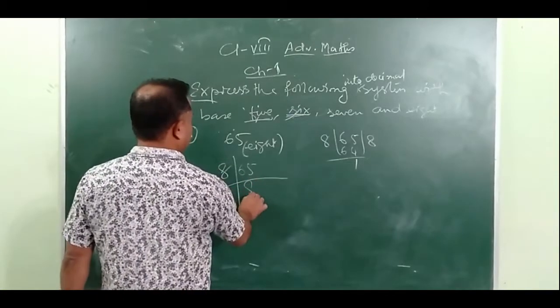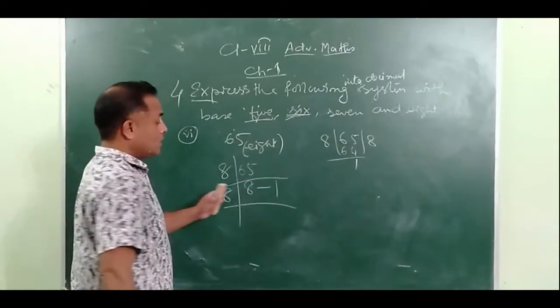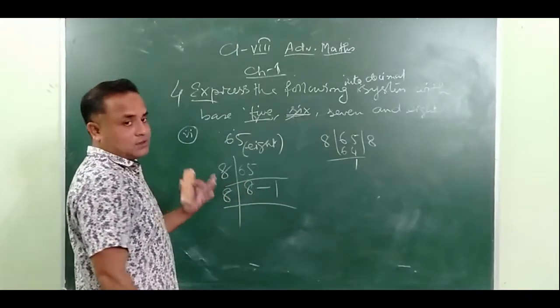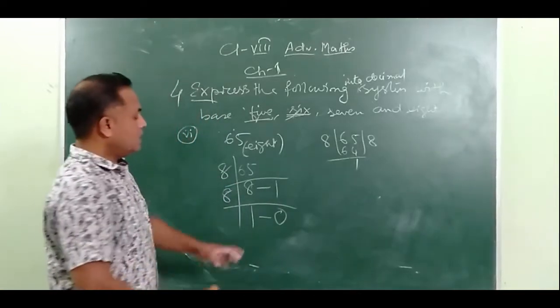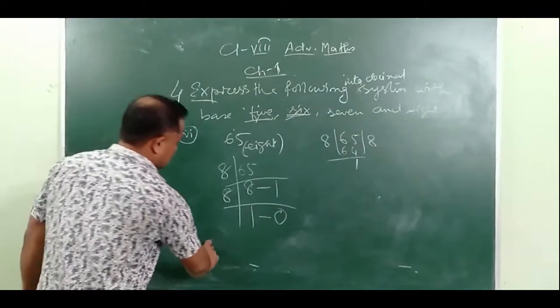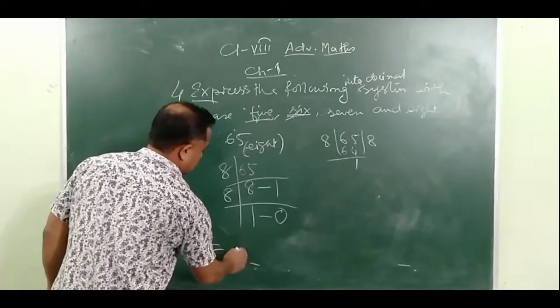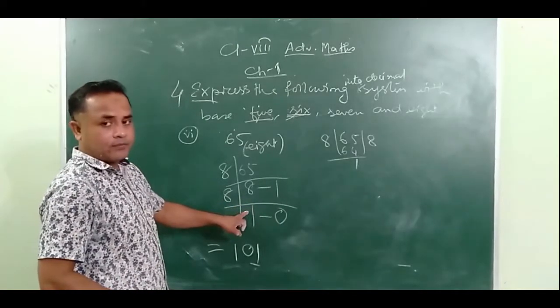Again, the dividend and the divisor are equal. So one time it goes and the remainder is 0. Again the dividend is smaller than the divisor. So we will stop. So it becomes what? 1, 0, 1.